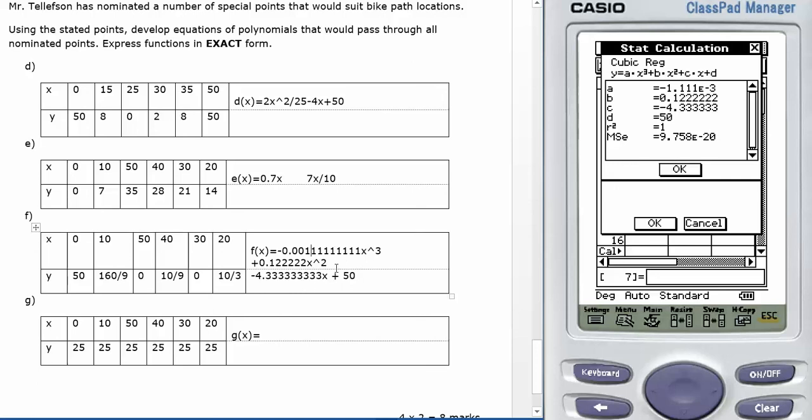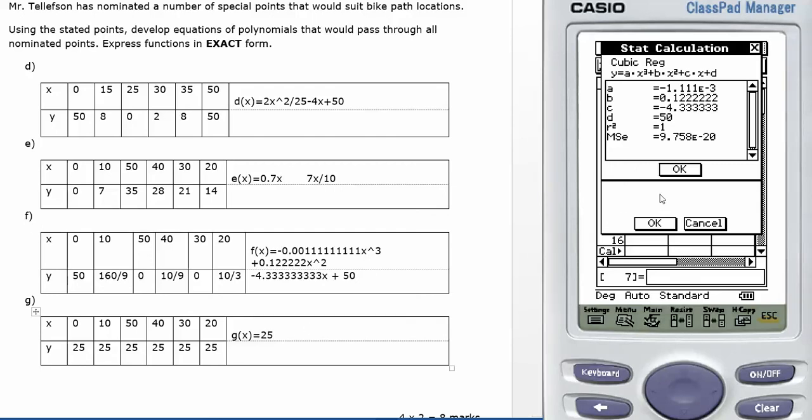So that's not an answer in exact form. I'm going to have to go into main and turn those into exact answers. And looking at the last one, I could enter it in, but I can see y equals 25, 25, 25, 25, 25, 25. I've got a horizontal line at y equals 25, so that's going to equal 25.